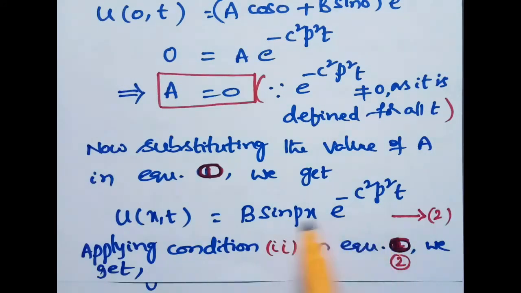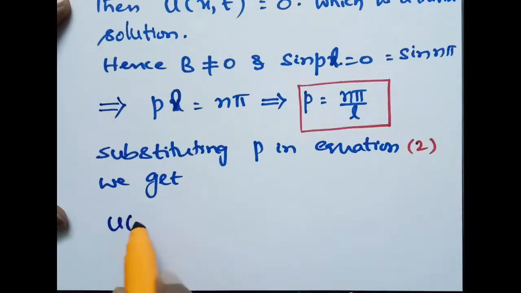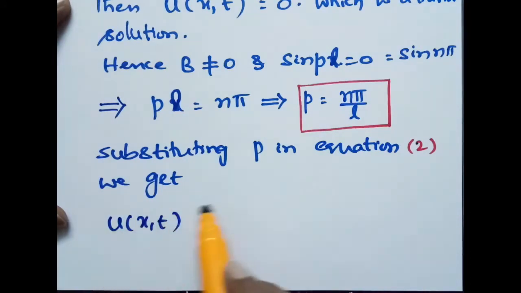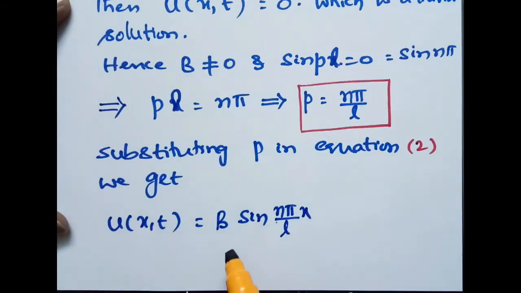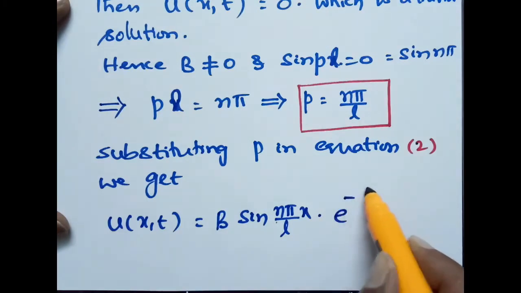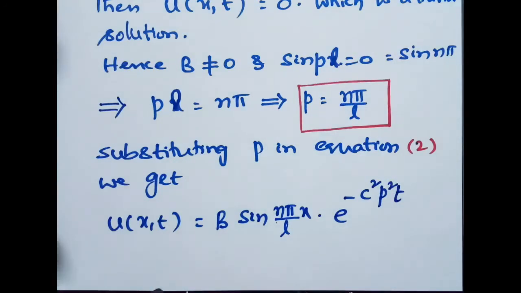Put p is equal to n pi by L in equation 2. U of x comma t is equal to b into sine of n pi by L into x into e to the power of minus c square p square t. Say this is equation number 3.